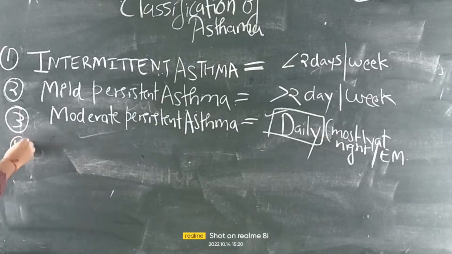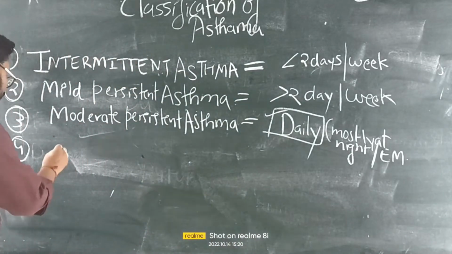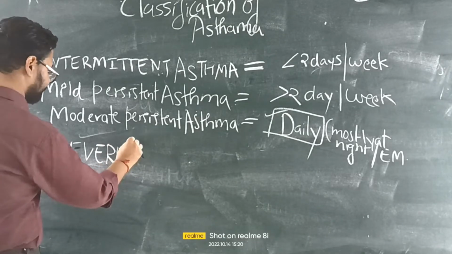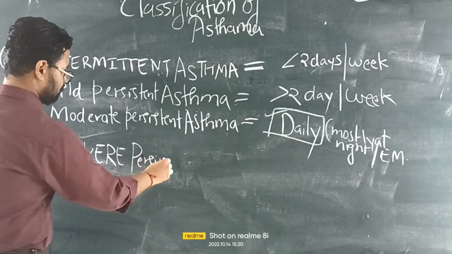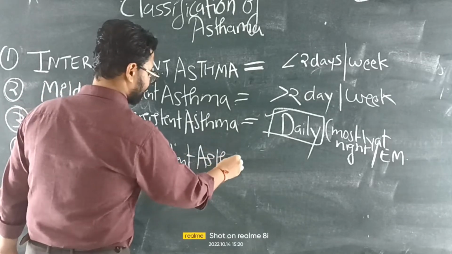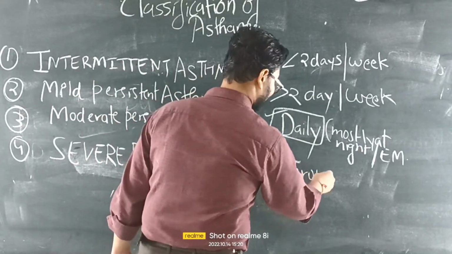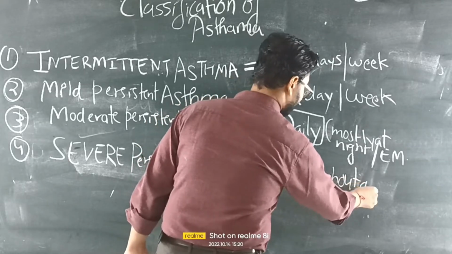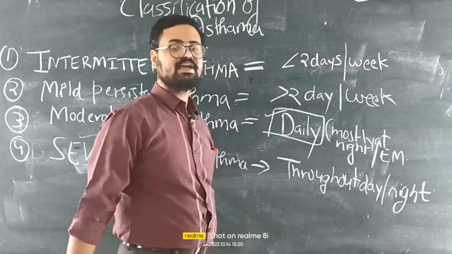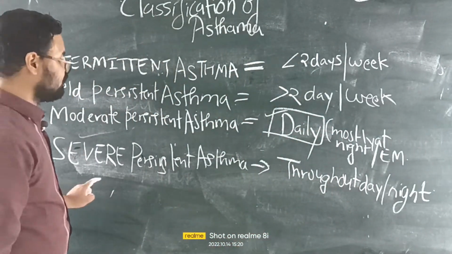Next one, if the episodes of asthma come daily and the frequency of asthmatic episodes is greater, meaning throughout all the day and night, then that type of asthma is classified as severe persistent asthma.